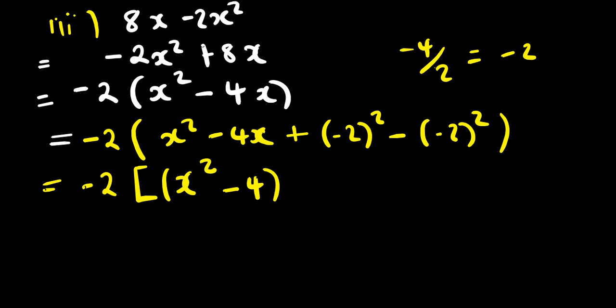Then outside, what do we have? We've got a minus. The square of 2, that is just a 4.